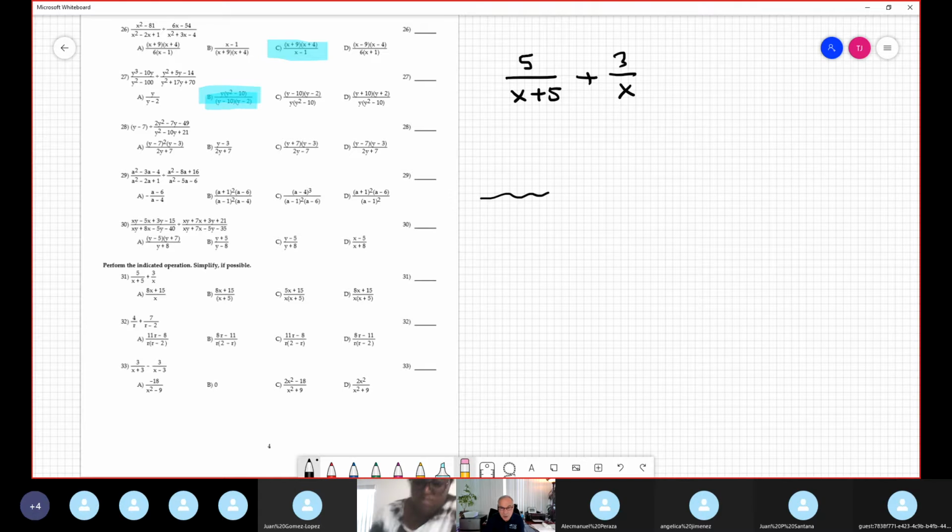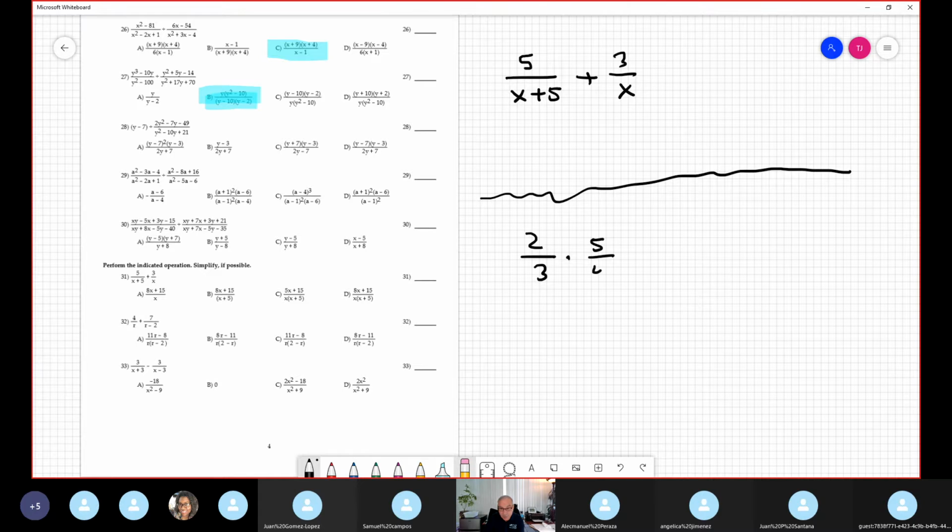Okay, let me recall something. When you multiply 2/3 times 5/4, let me try to find one nice example. You multiply top is 10, bottom is 12.